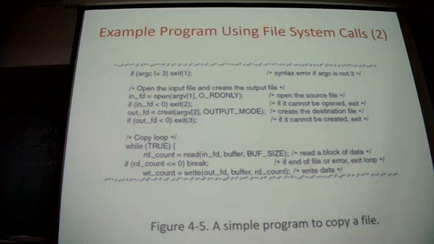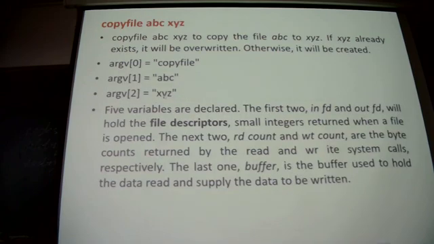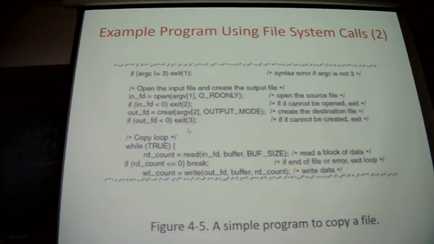And the next one, we create the output file. Now we read index 2 in the array argv. Its content is the XYZ string, the name of the output file.